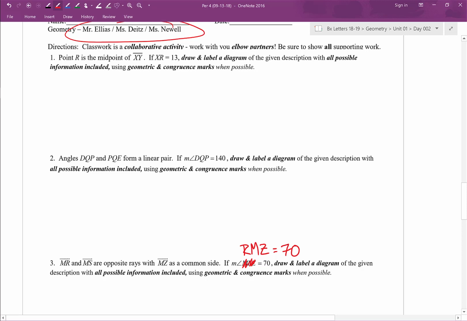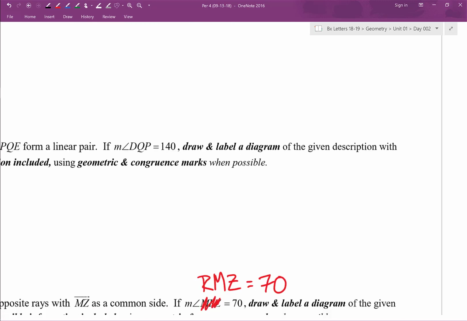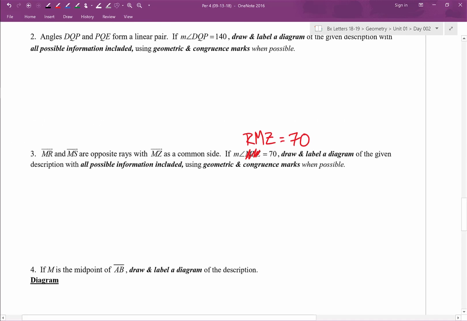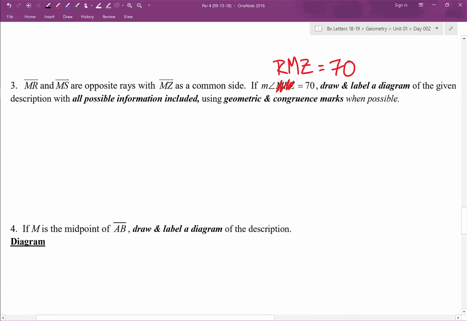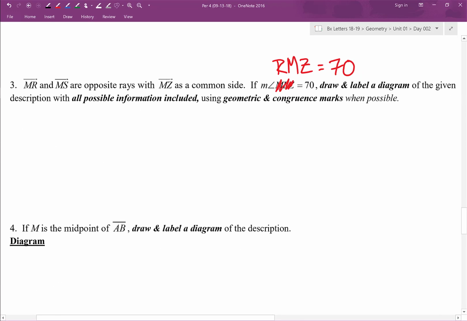Question number 3, I'm going to leave up on the board because I made a typo. So as soon as you get your work, can you change that angle to RMZ? That problem shouldn't make sense unless you have that.